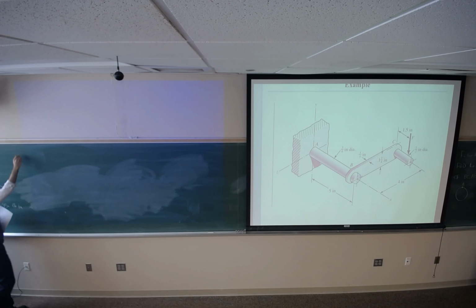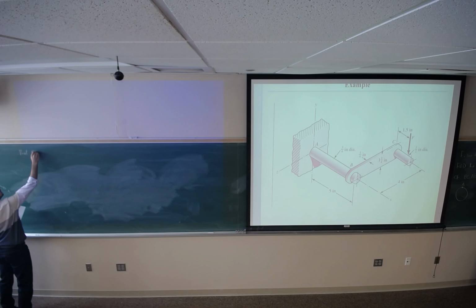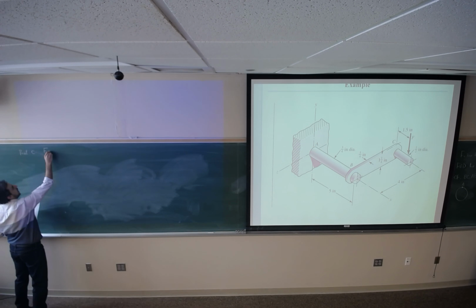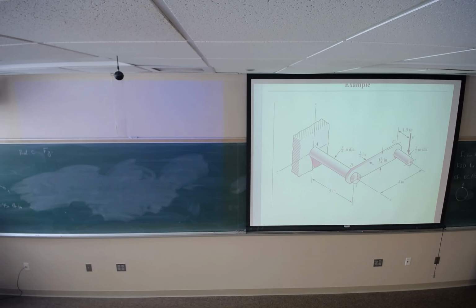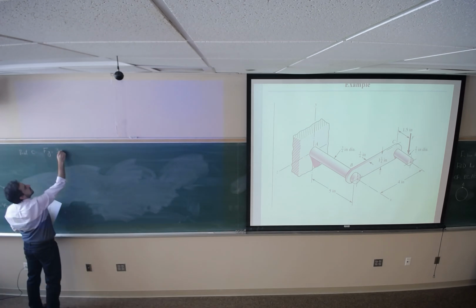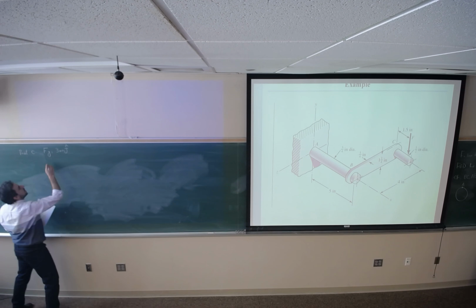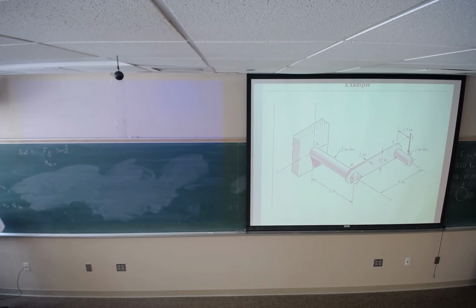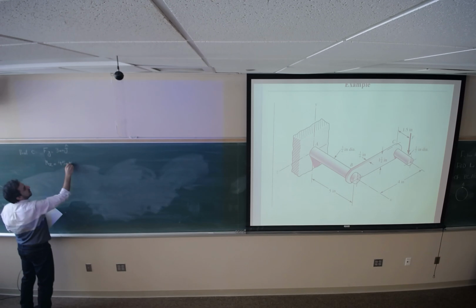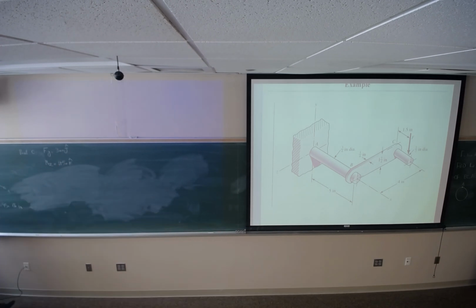So point C is gonna see F in the y direction, 300 positive J, and it's gonna see the Z moment about the z-axis, positive 450 in the direction of K, to make a positive rotation.